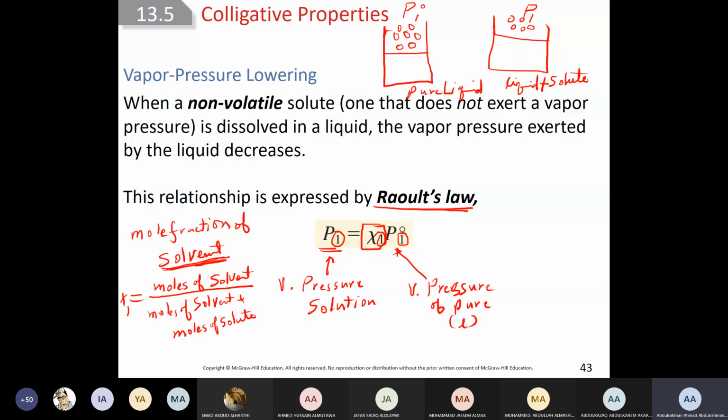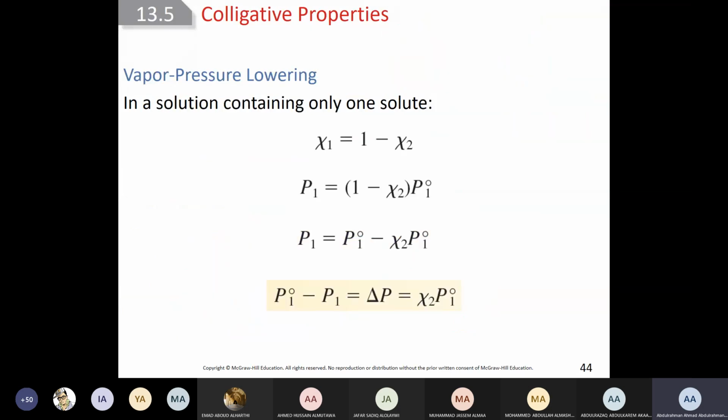When we have delta P, the difference, delta P is equal to P1 zero minus P1, which is equal to X2 times P1 zero. In this case, that's the difference between the two pressures. Delta P is this one.